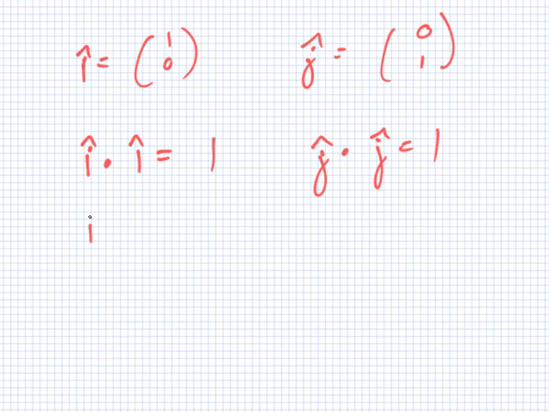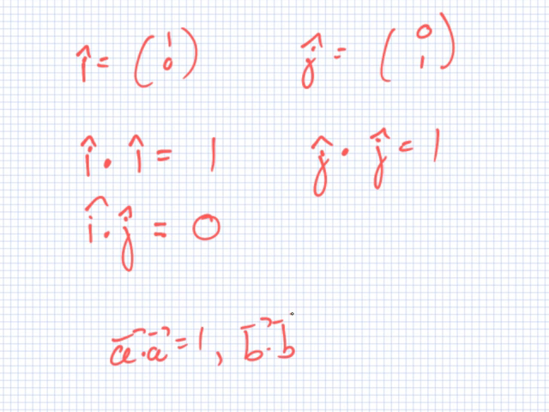And then I dot J? 0. That's the same relationship as the A and B in the last question, isn't it? In the last question, A dot A was 1, B dot B was 1, and A dot B was 0.